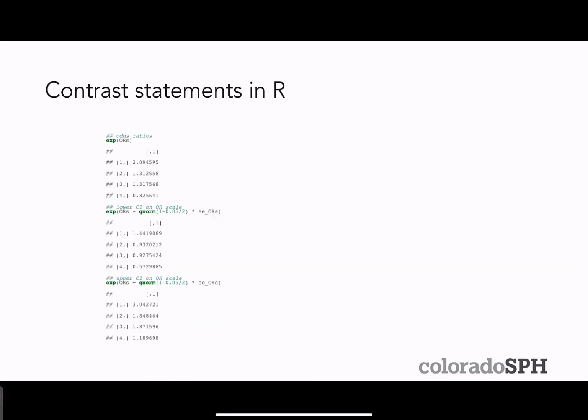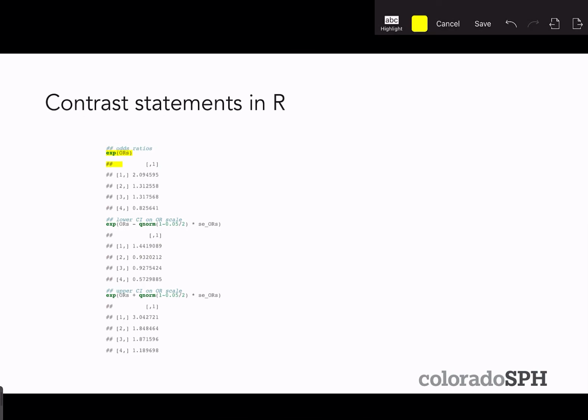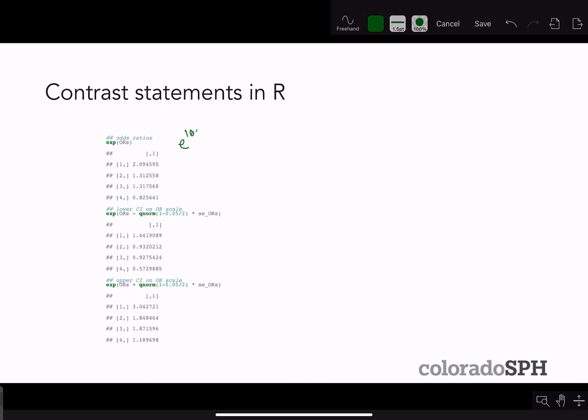And then going over here, you exponentiate those log odds ratios, e to the, to get your odds ratios for each of those different parameter combinations in this first chunk. This next chunk gives you your lower confidence interval, and then this last one gives you your upper confidence interval.